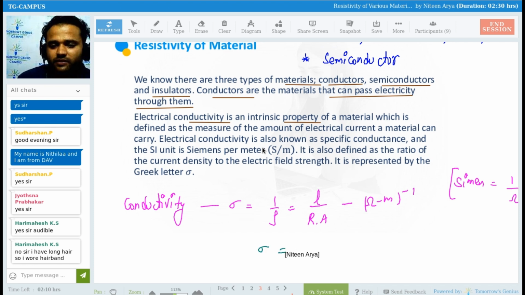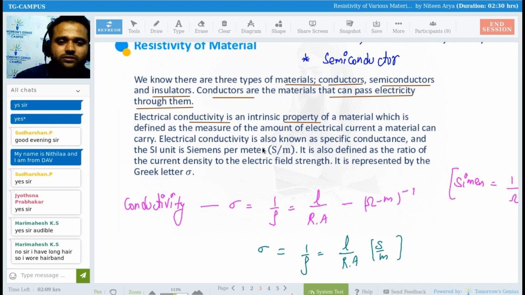Other than silicon, there are two important ones: silicon, germanium, intrinsic, then gallium arsenide, and so on, which is going to be a compound. Siemens per meter. So this is your data.